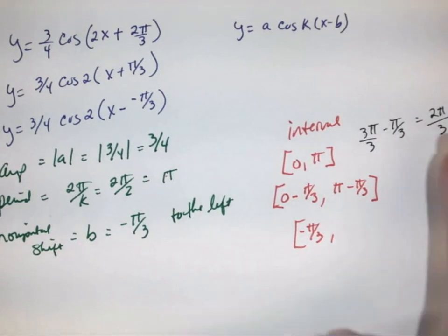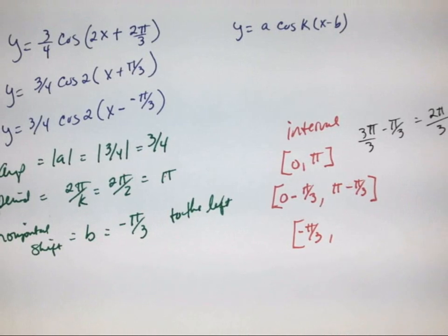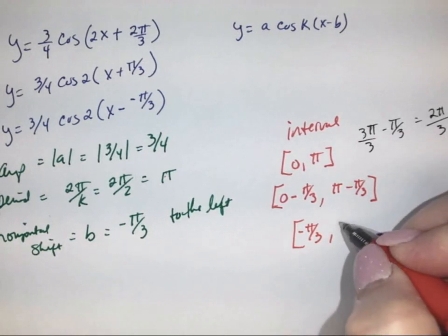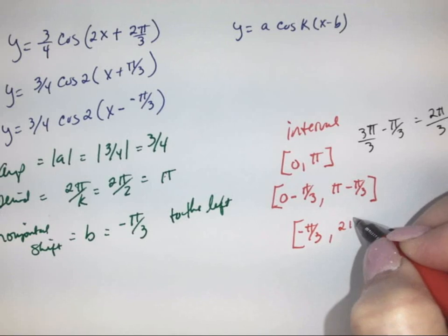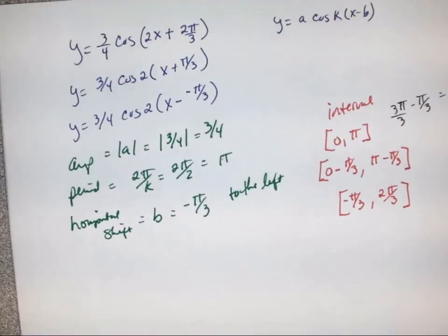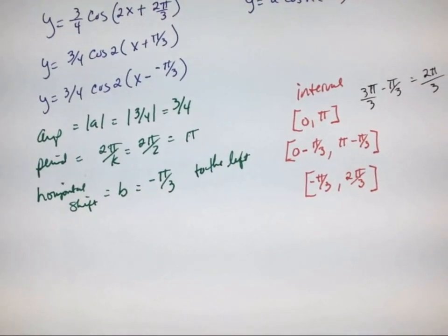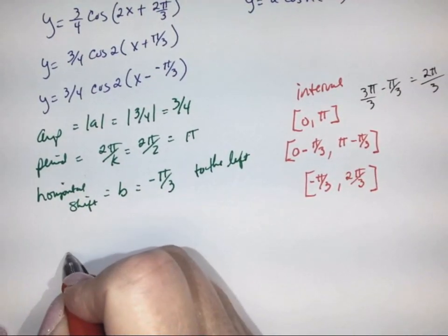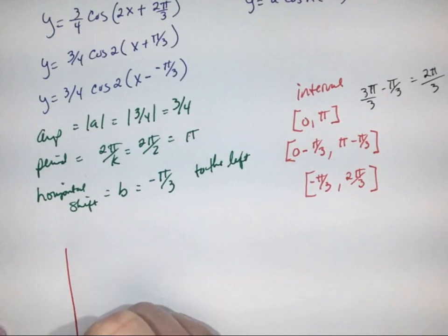So you're just getting those common denominators to do that. So it'll be from negative pi over 3 to 2 pi over 3. So that's where our graph is going to land. Zoom out just a little bit so you can see all of those notes as we go draw our graph. Alrighty.